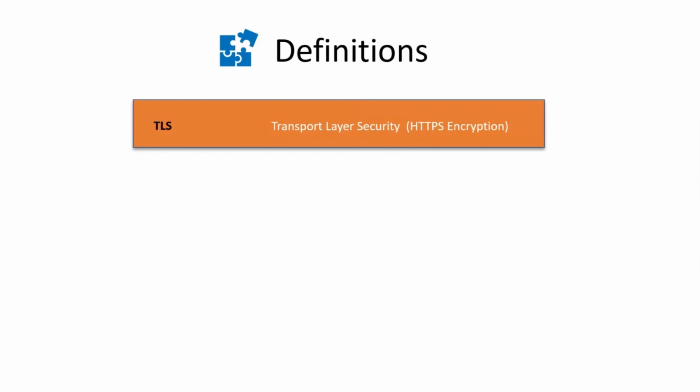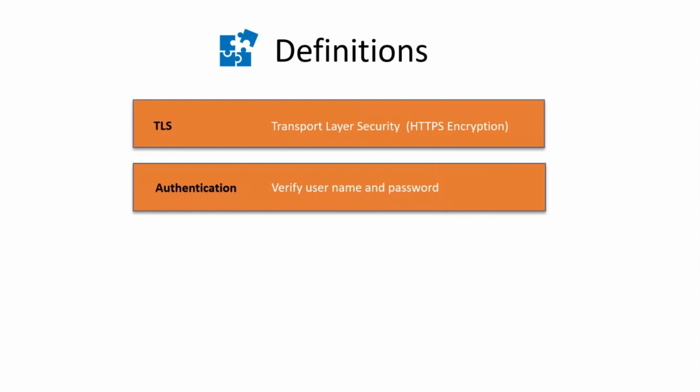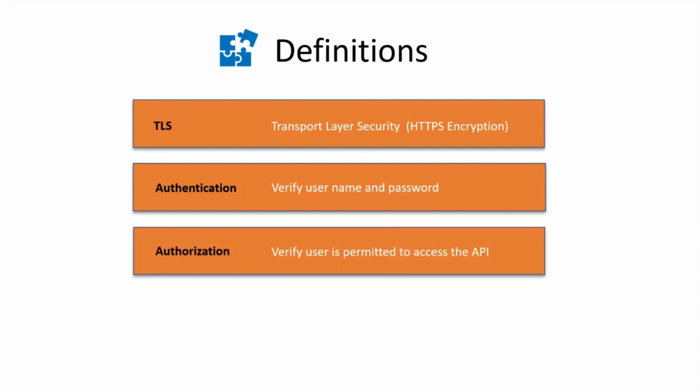So encryption that takes place over HTTPS is done with transport layer security. So that's the latest HTTPS encryption. And then there's 2 terms, authentication and authorization, that are important to understand the distinction between. Authentication is the process of verifying a person's username and password. That's not what we're talking about today.